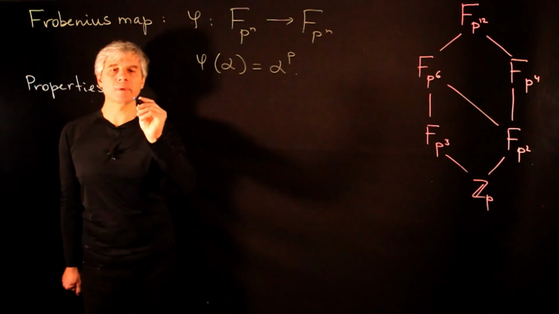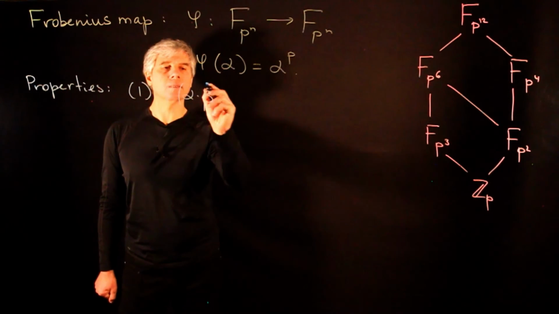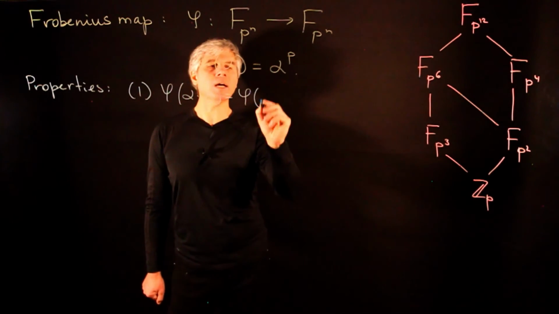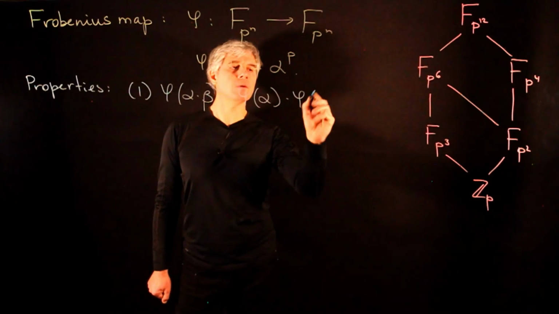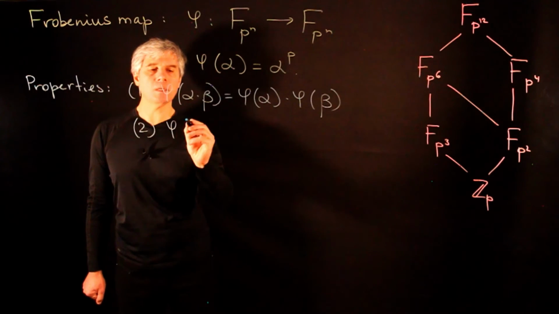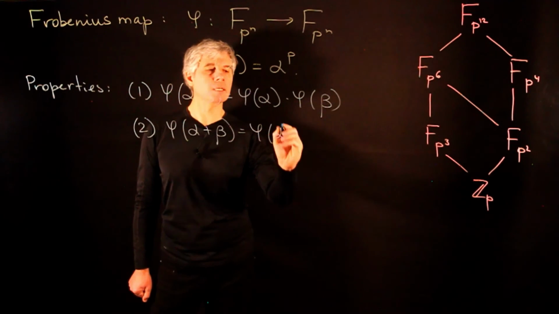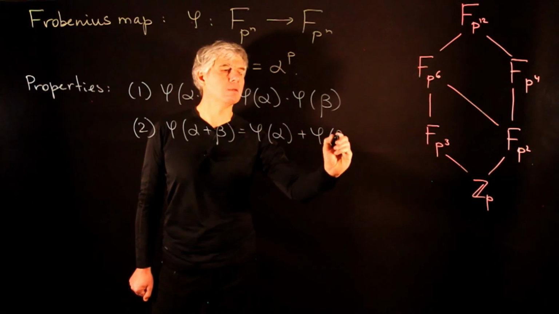First, we claim that phi of alpha times beta is equal to phi of alpha times phi of beta. And likewise, phi of alpha plus beta is equal to phi of alpha plus phi of beta.